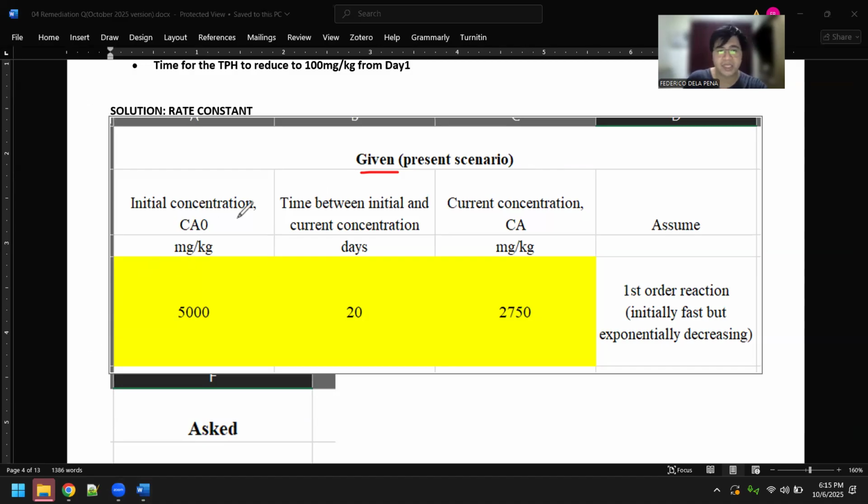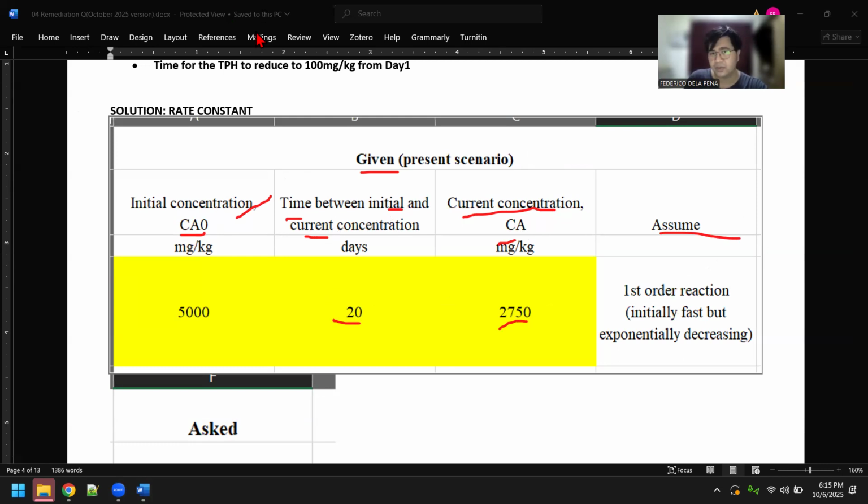You are given the initial concentration, or CA naught. You were also given the time elapsed between the initial and the current concentration, 20 days. You also have the current concentration, which is 2,750. And you were told to assume a first order kinetics.